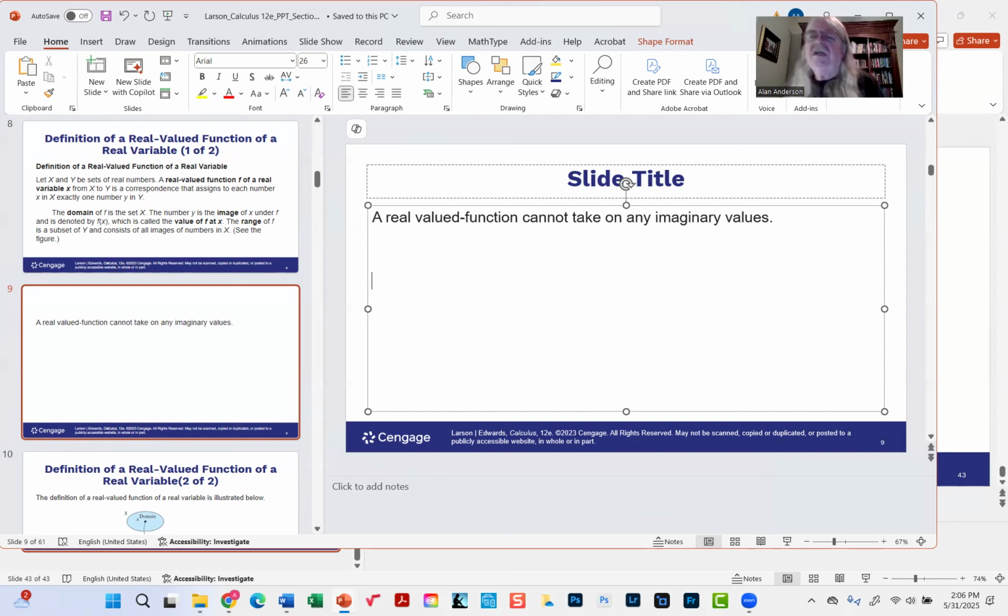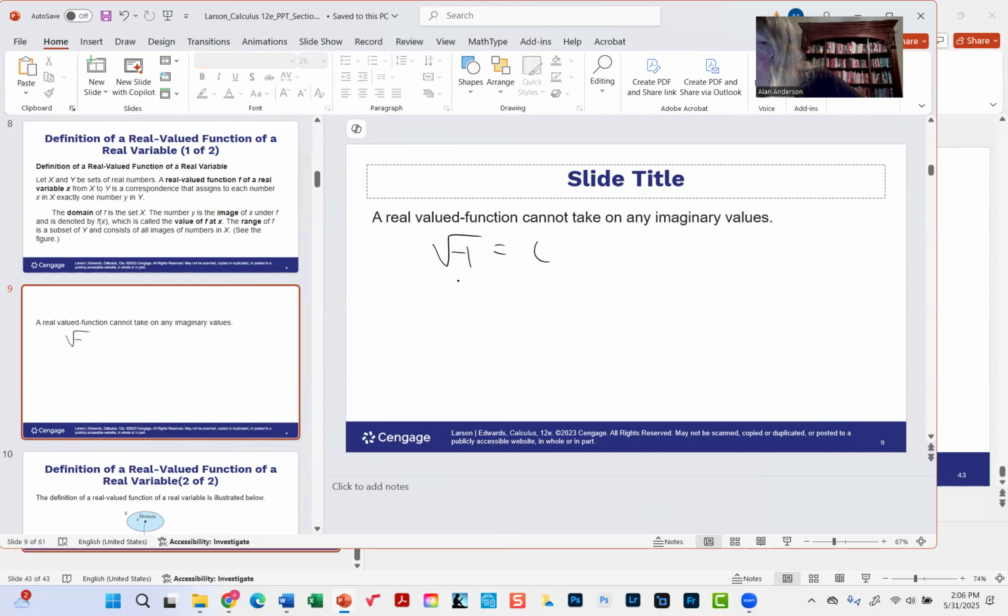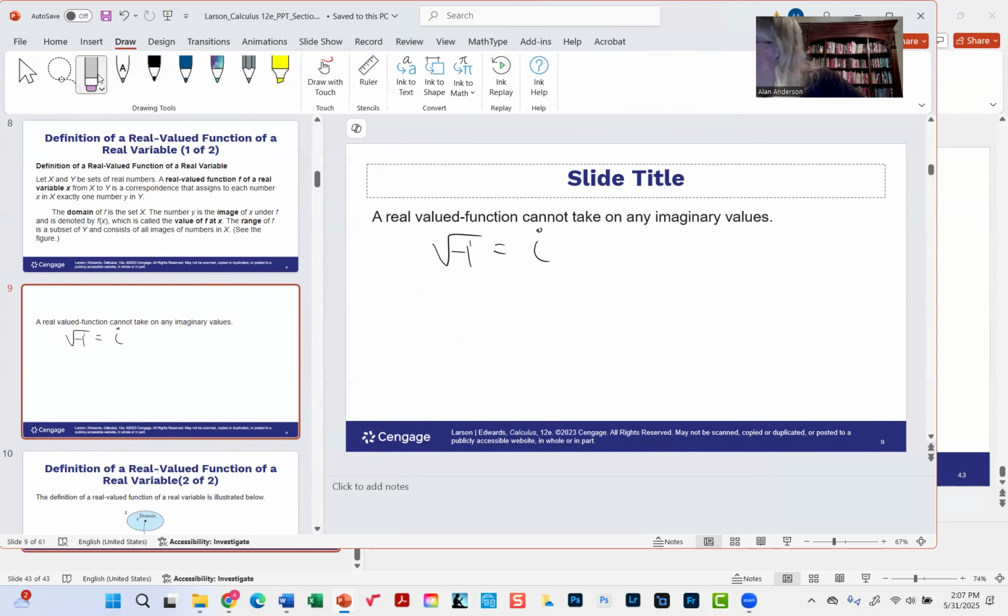And if you remember from your previous travels in math, an imaginary number is something like this. The square root of -1 is defined to be i, and this is what we mean by an imaginary number.